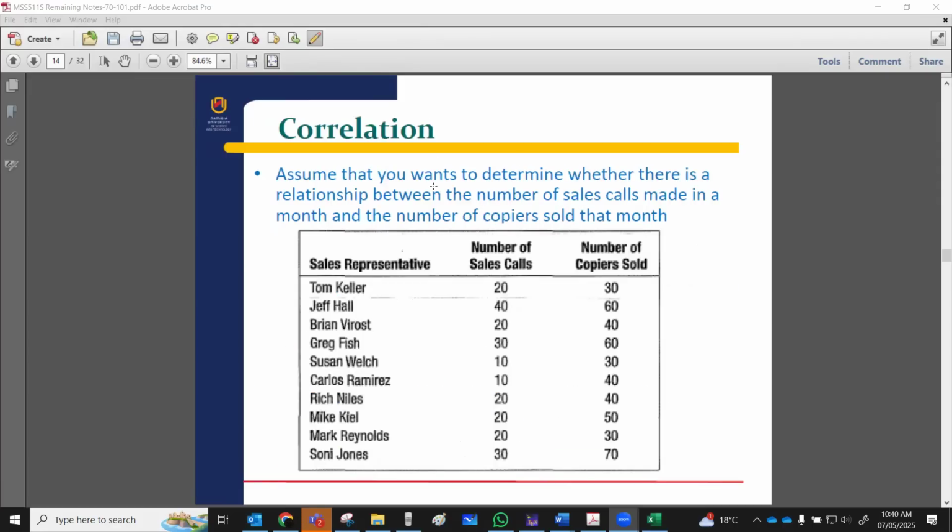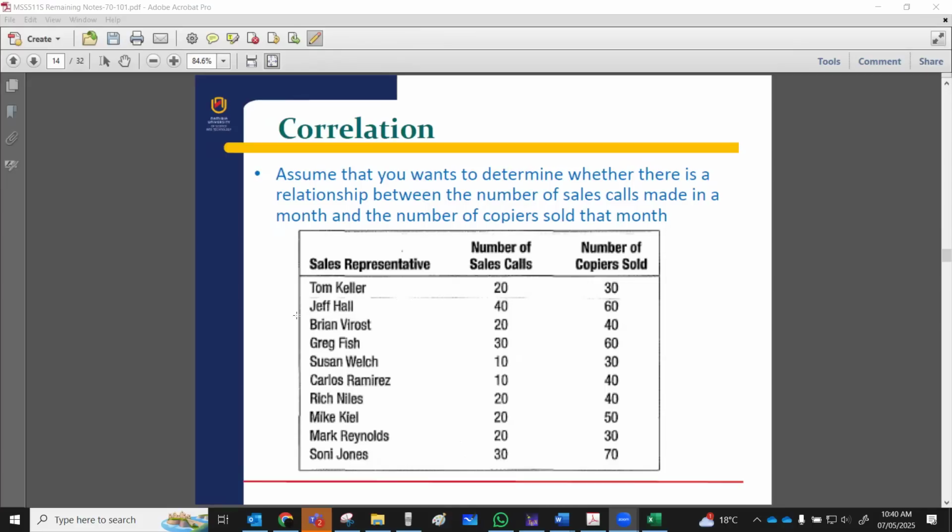All right, so here is an example. It says that assume you want to determine whether there is a relationship between the number of sales calls made in a month and the number of copiers sold. So does it mean the more calls you make, the more copiers you are going to sell?